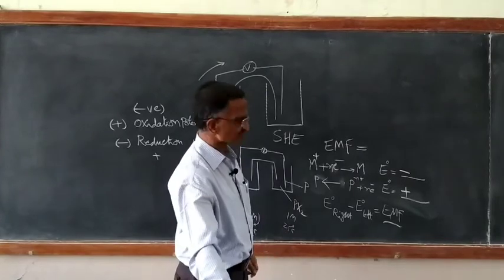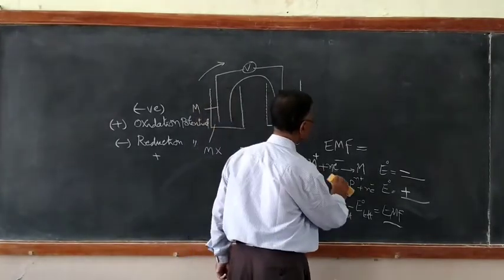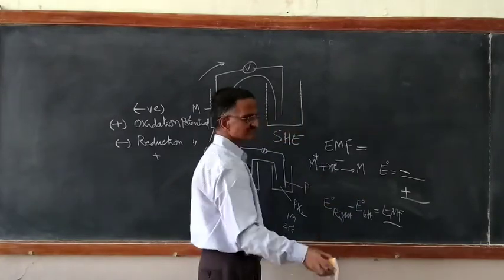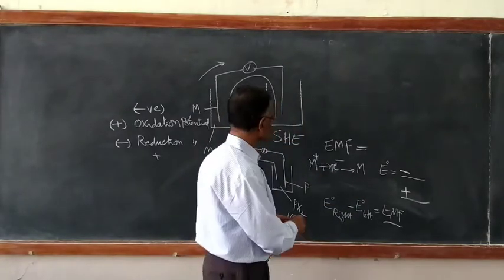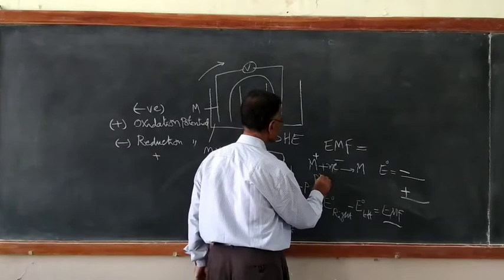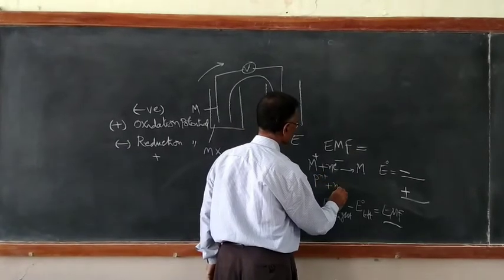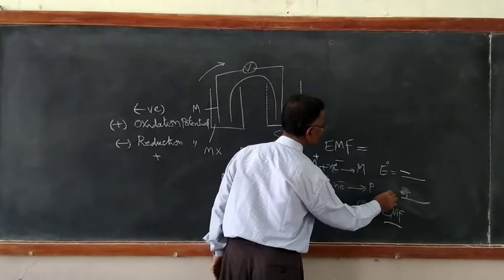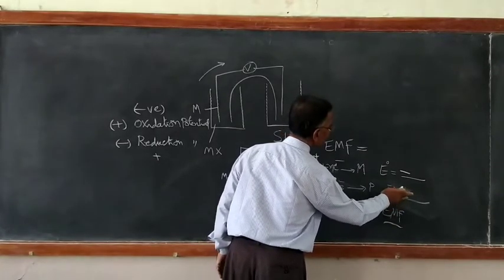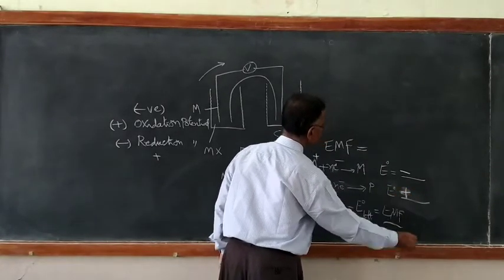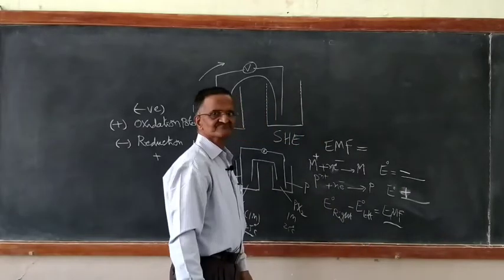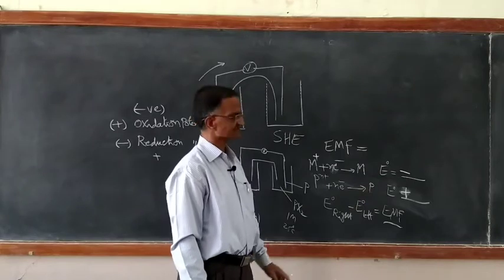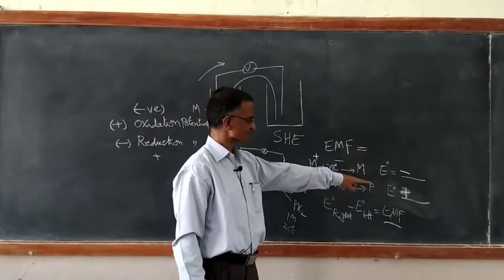now again, if I want to go back further and make you understand a bit more, P n plus n number of electrons becomes P. E naught equal to positive. That means for the reduction process it is ready.